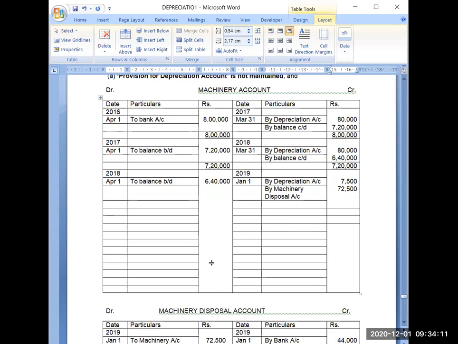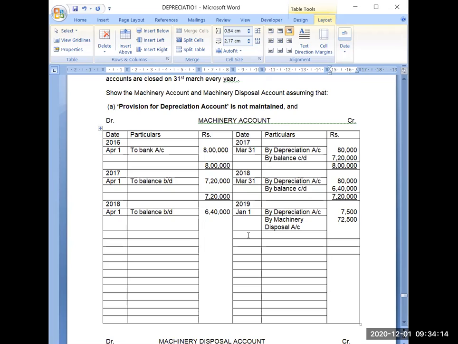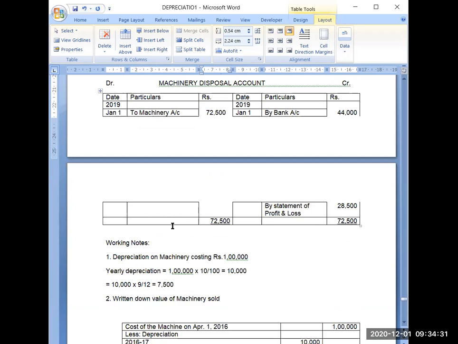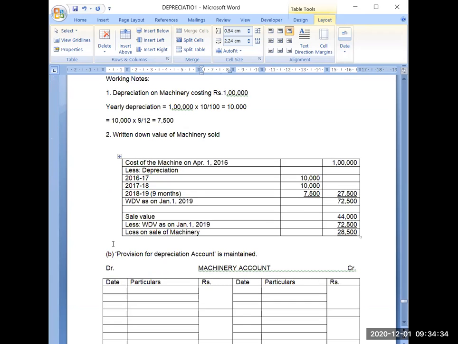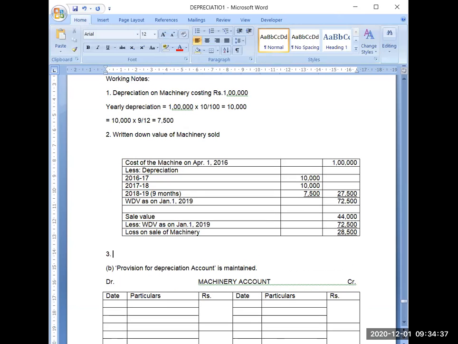Now coming to the machinery account again, the balance of the machinery will be now out of this. We have sold out this machinery and so it has been nullified now. Now we have to find out how much value machinery we are having now so that we can charge the depreciation accordingly. See, the total cost of the machine was 8 lakh.